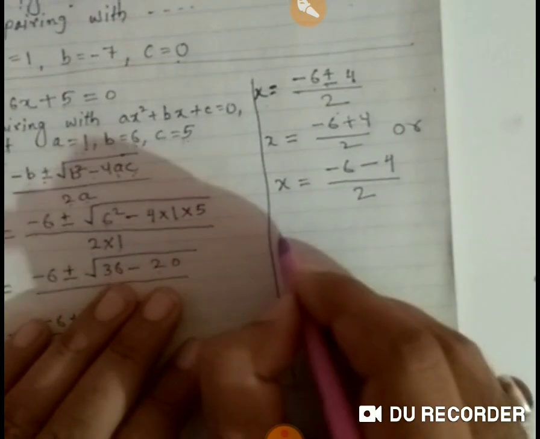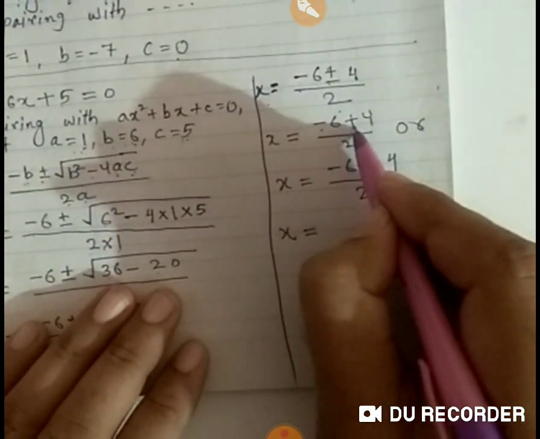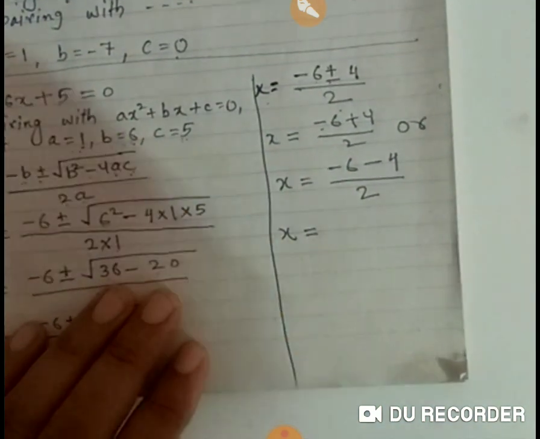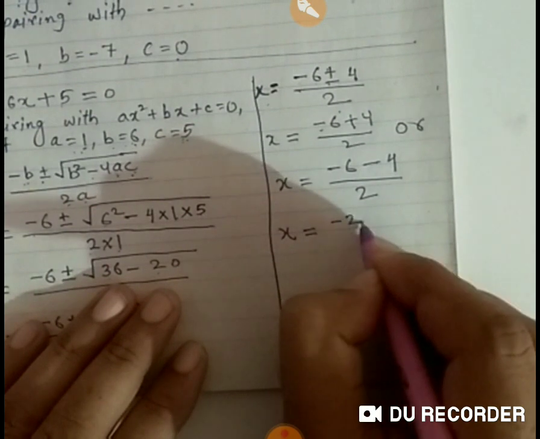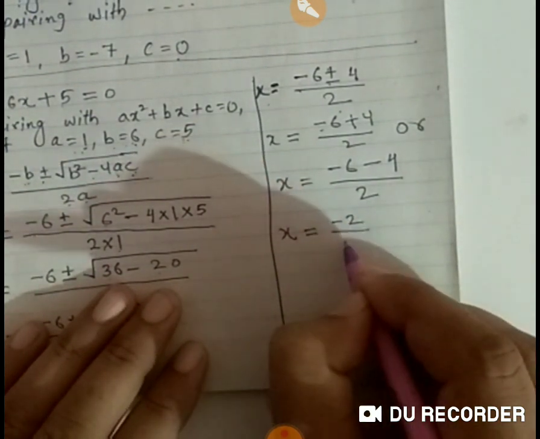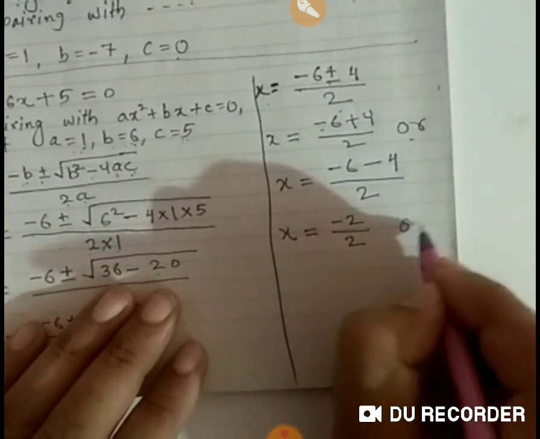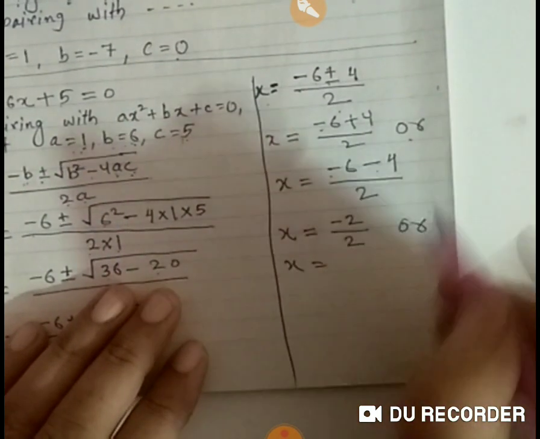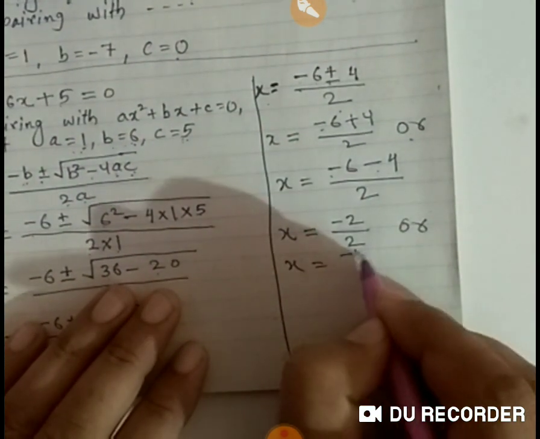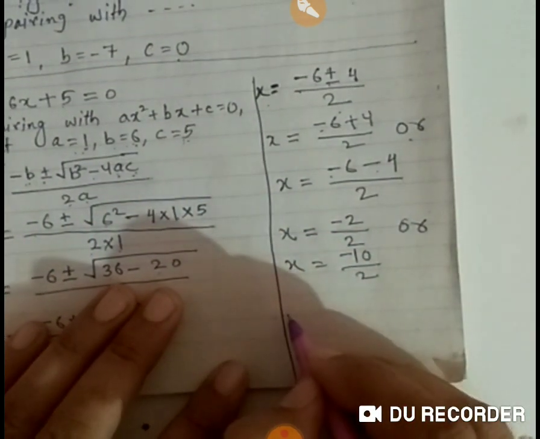So minus 6 plus 4 will give me minus 2 upon 2, or minus 6 minus 4 will give me minus 10 upon 2, right?